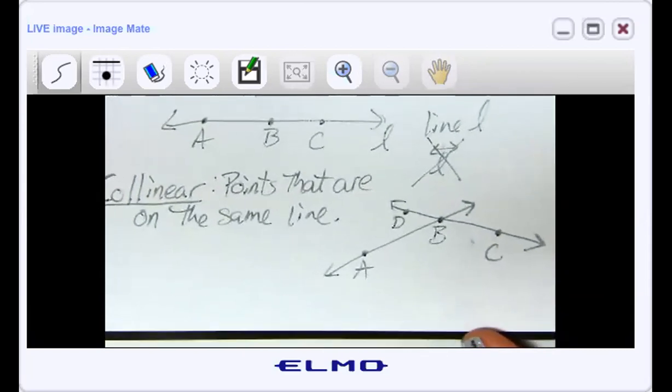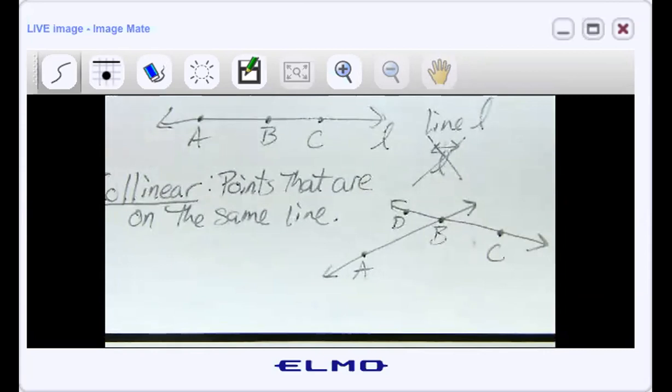So I'm going to ask you some questions. You ready? Are points A and B collinear? Feel free to unmute yourself and just shout it out. Send it to me in the chat. So the question was, are points A and B collinear? This is the easiest one.